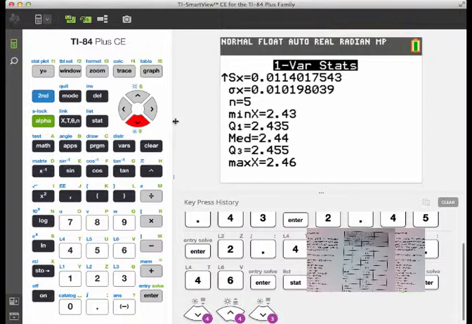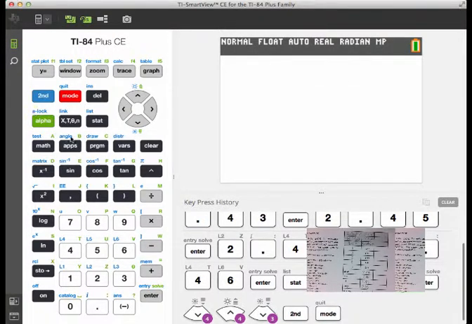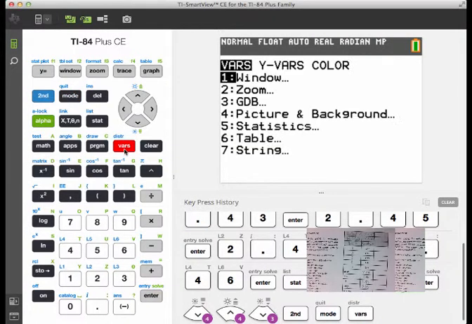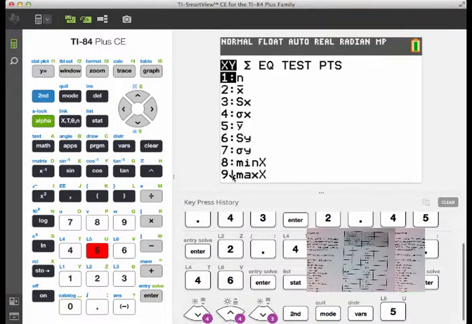And now we're going to calculate the range. Now, we want to always work with unrounded numbers. So the way we can do this is go to the home screen, and we can use the vars function. What we want is some of the statistics that were just calculated. Whenever you perform one variable statistics, those numbers are assigned a variable stored under statistics. Select 5, you can see there's max and min.